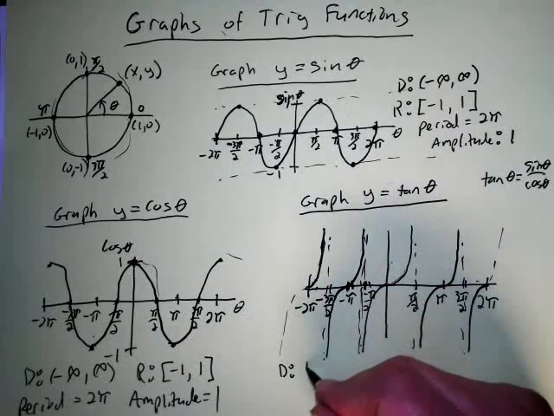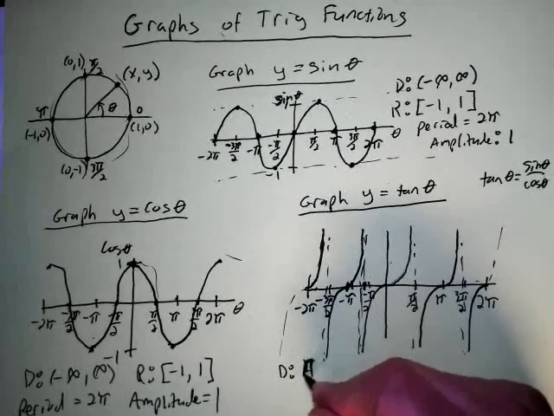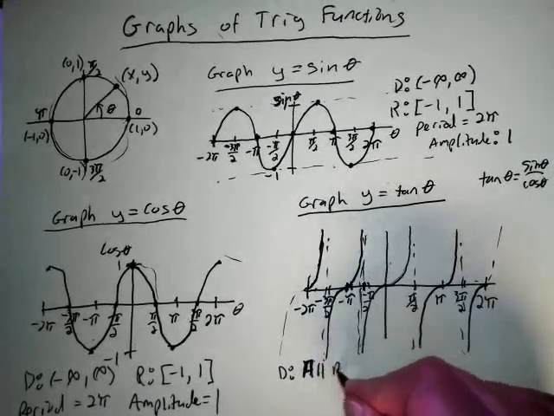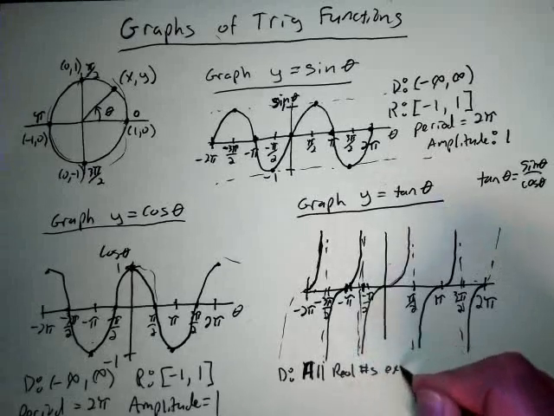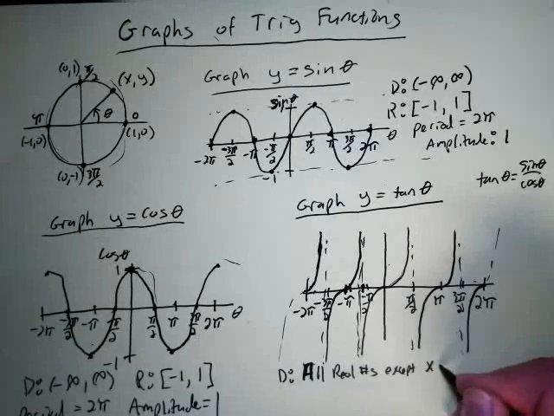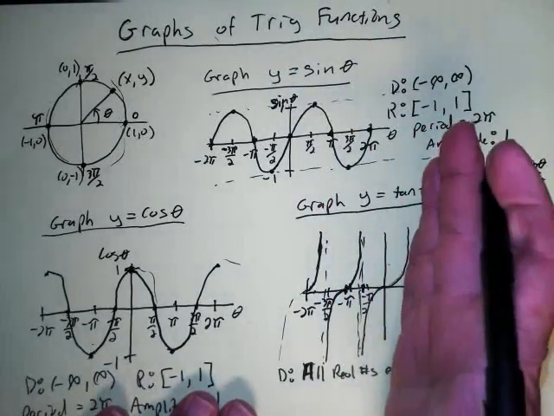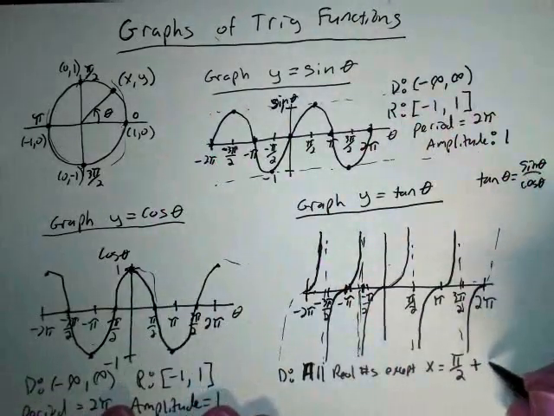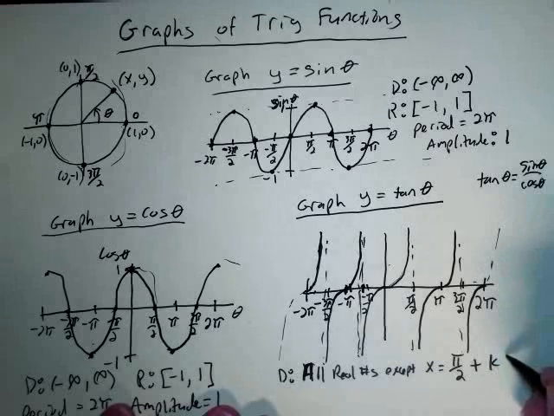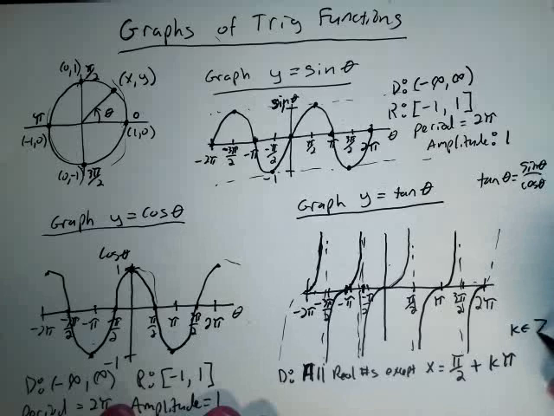And so the way you write the domain here, what I should say is I should start by saying all real numbers except x equals pi over 2, so that, except for that one. I can't list them out because there's an infinite number, but what I can do is I can say plus k times pi. And this is where k is an element of the integers.